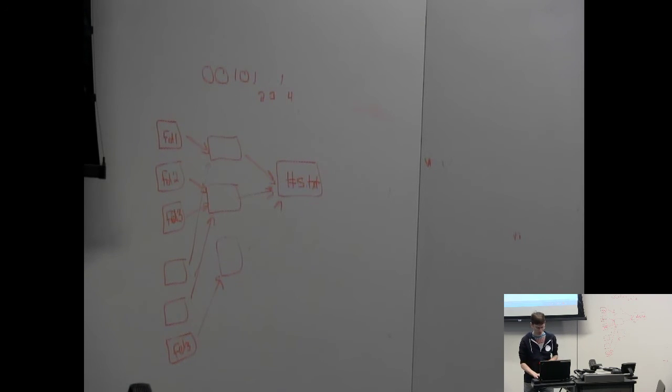Okay, so here's the first one. Let's see. Okay, what's it doing? So foo. Does this one have a race on the value of my ID?